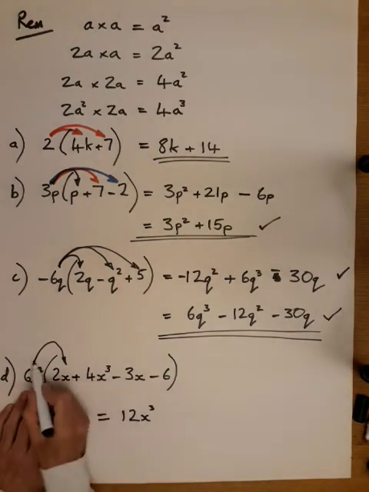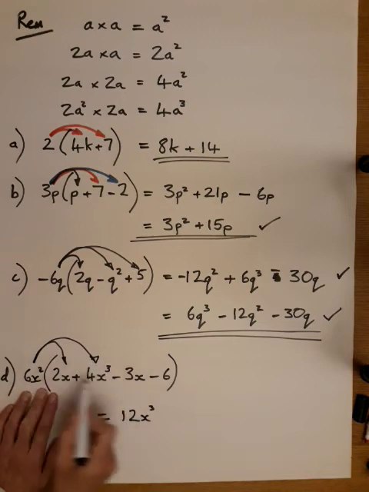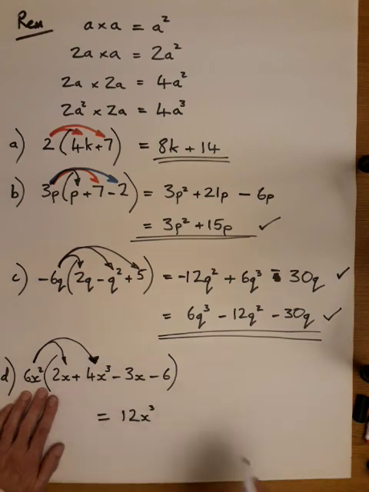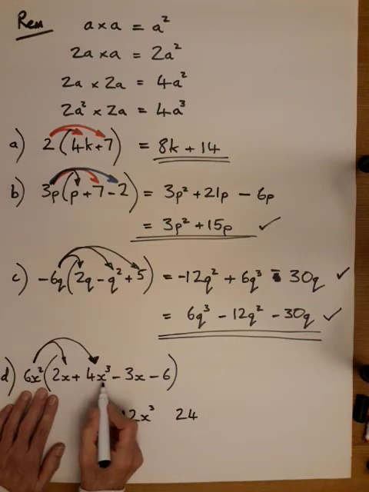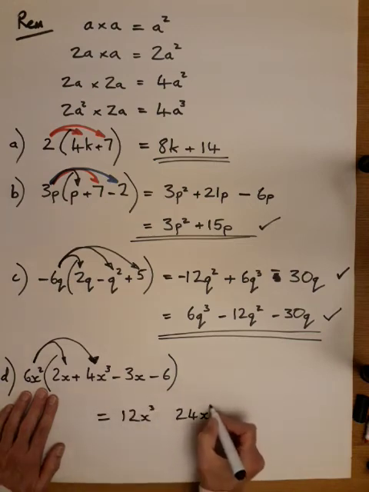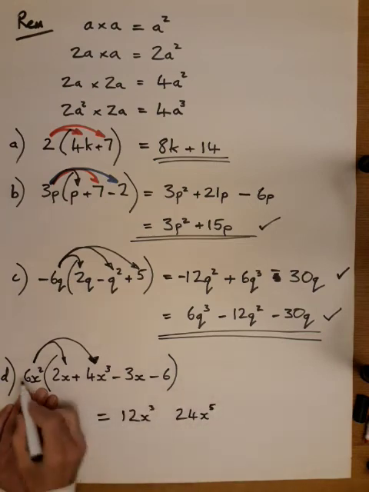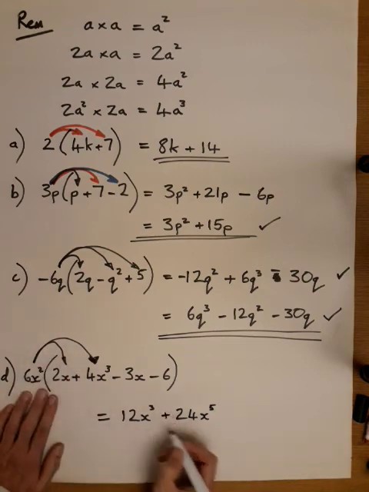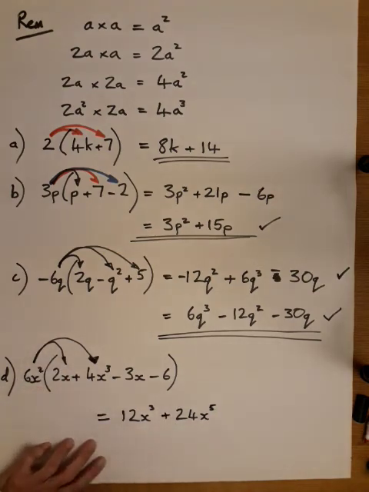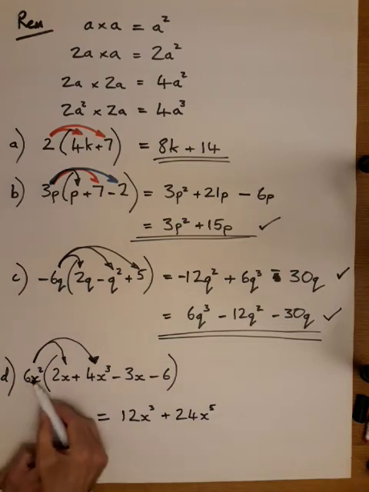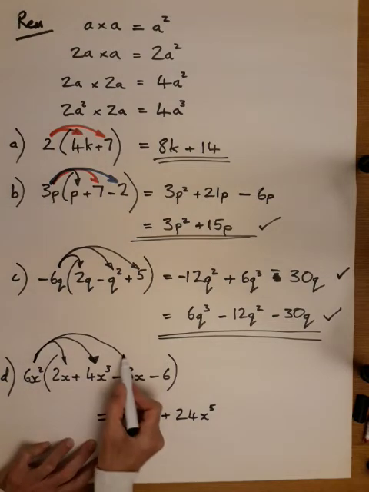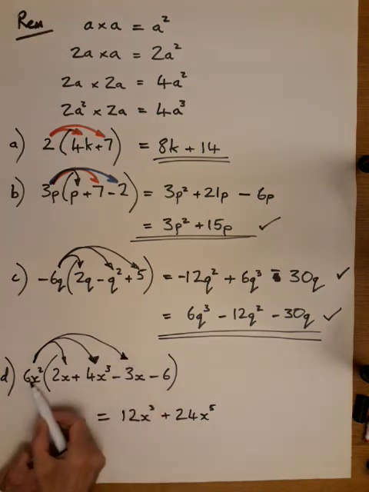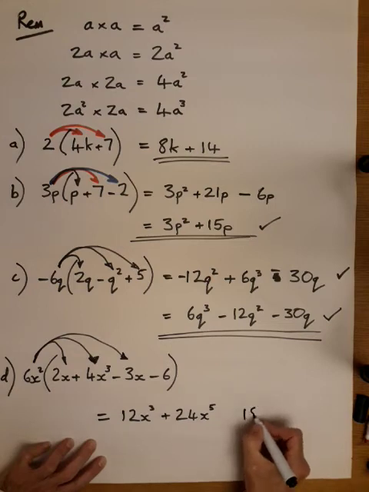The next one, whatever's outside times the next term, the second term. 6 times 4 is 24. X squared times x cubed is x to the 5. There's a plus and a plus, that makes that a plus. Let's deal with the next bit. This with the third term. 6x squared times minus 3x, so 6 3's 18.